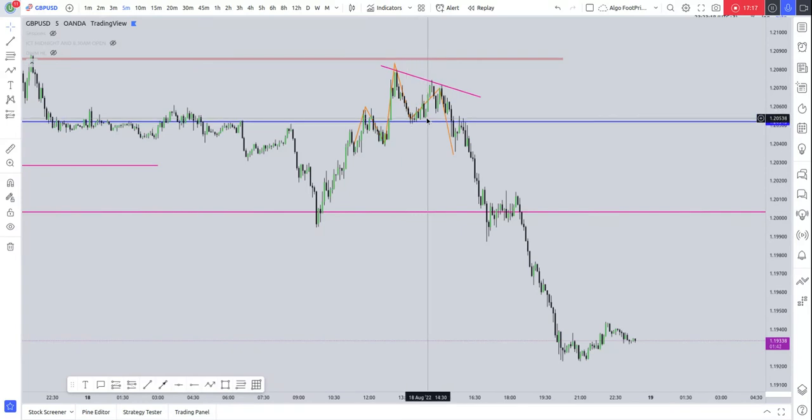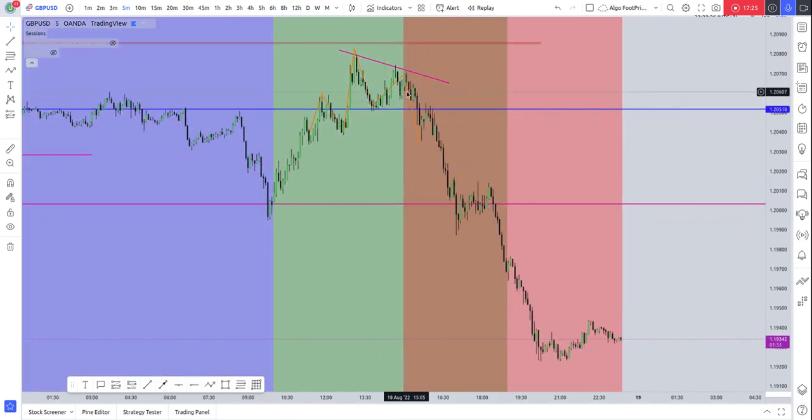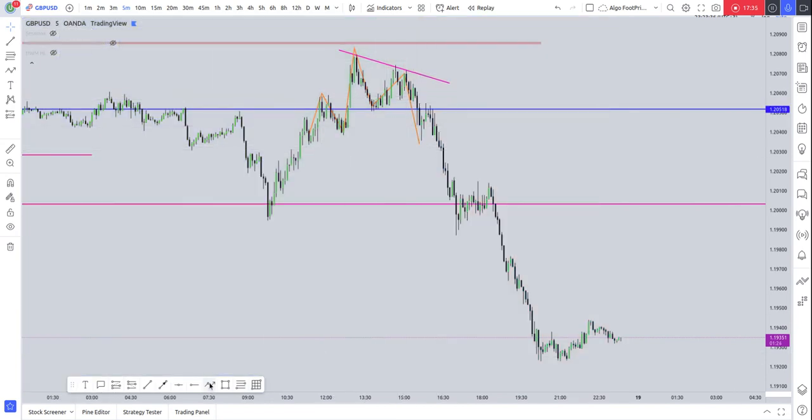Below the weekly low. I have the session indicator, and you can see this is where New York opened. This color in here, this is New York, this is London and Asia.